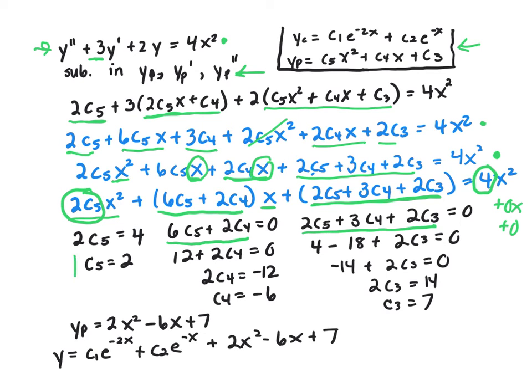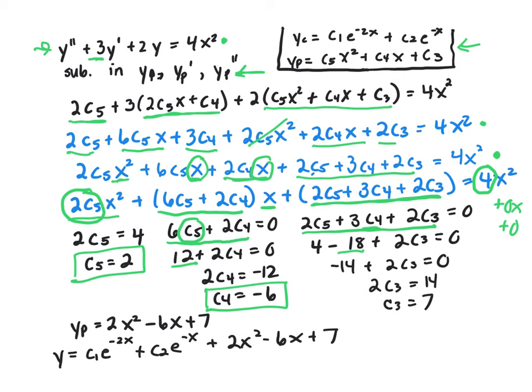So here we had c5 equals 2, and then I plugged that in here. 6 times 2 is 12. I solved this equation for c sub 4 and I got -6. And then 2c5, well, c5 is 2, and 2 times 2 is 4. c4 was -6, and -6 times 3 is -18.